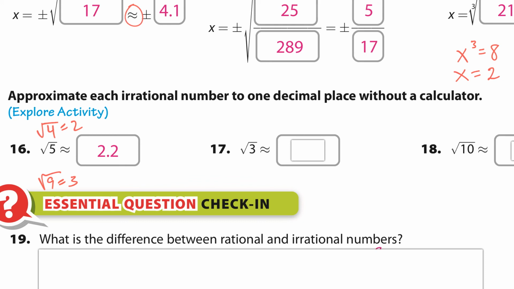I know the square root of 1 is 1, and the square root of 4 is 2, and it's closer to... So I'm going to call this like 2.5 or something like that, I'm guessing. Let's see. Oh, I'm sorry, it can't be 2.5. That didn't make sense. 1.5, I should have said. Not enough. It's closer to 2 than it is to 1, so that's why it's 1.7.